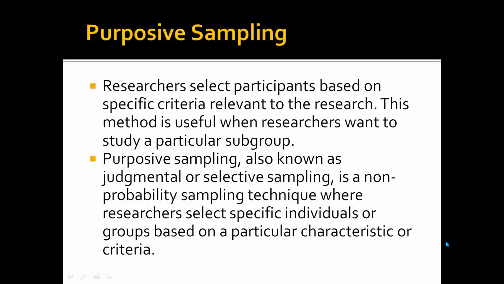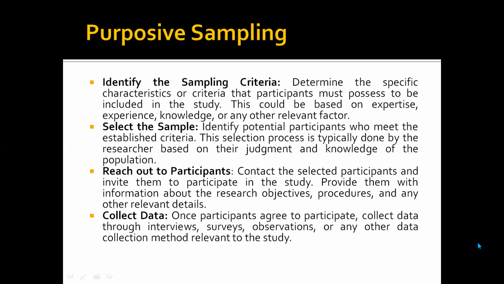So here now, the researcher would develop a set of criteria that it is only people who are this, who are that, we are going to include in this research based on what? Judgments. The step involves determining the specific characteristics or criteria that the participants must possess for them to be included in your research.